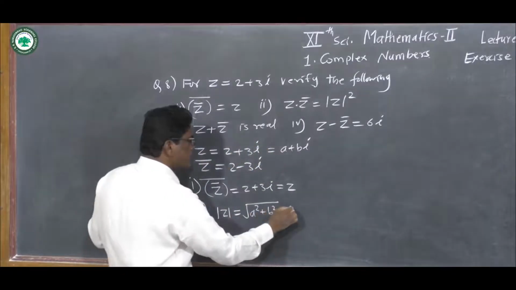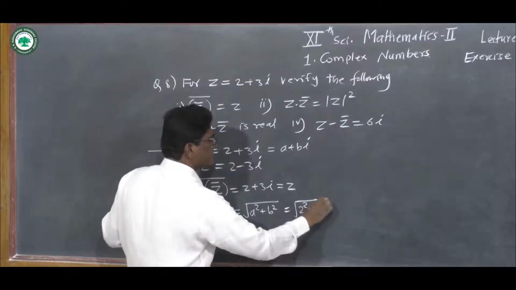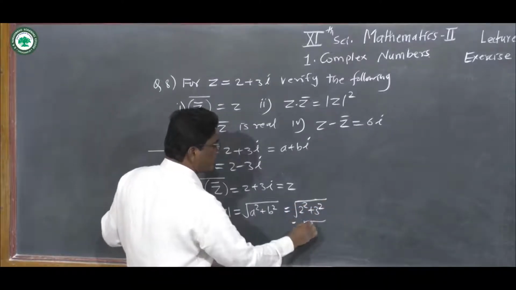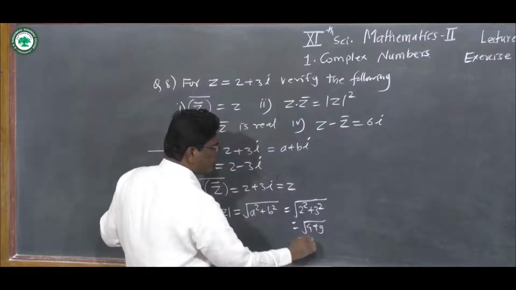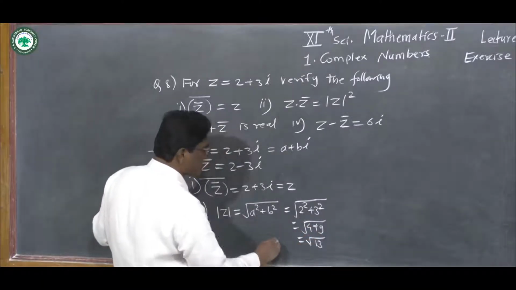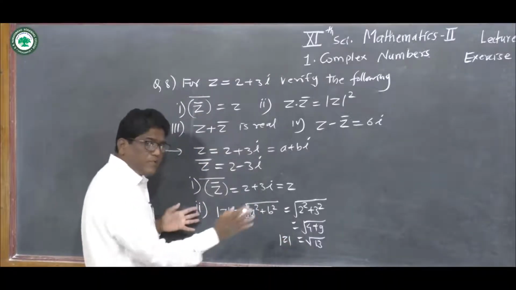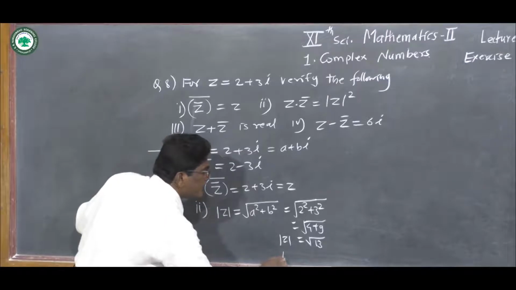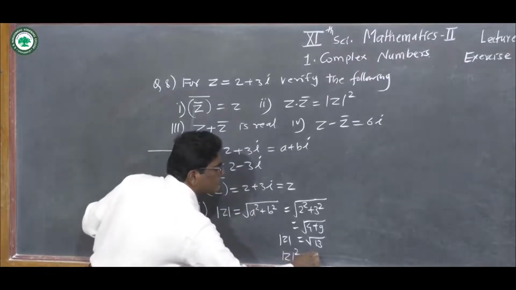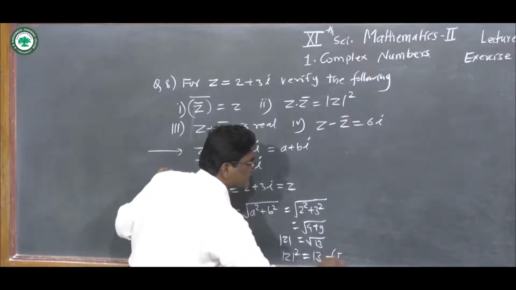So it is under root of 2 square plus 3 square, which is root of 4 plus 9, so root of 13. This is mod Z. Squaring both sides, we get mod Z square is equal to 13. We call this equation number first.